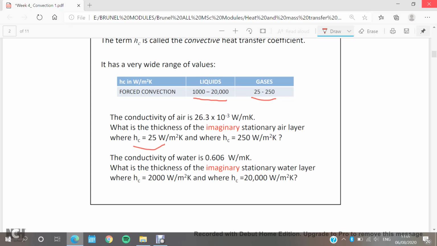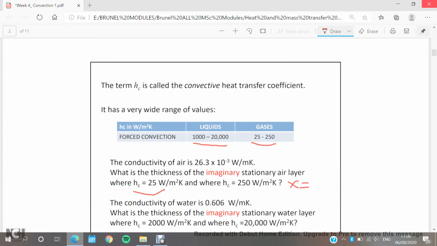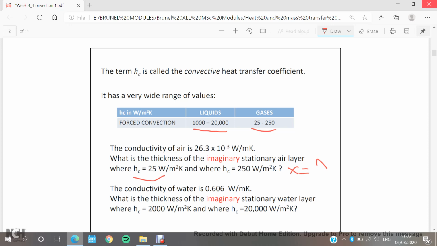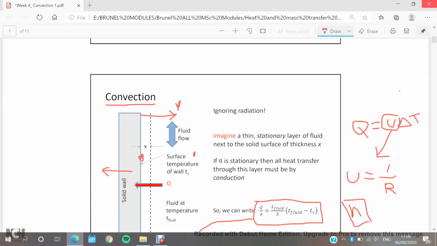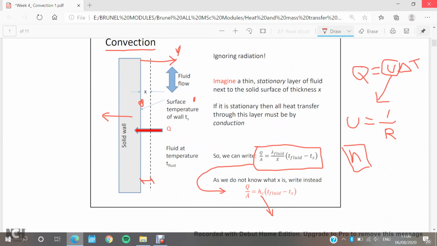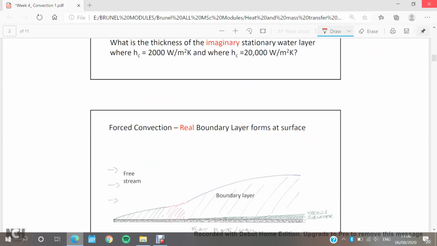So X is equal to lambda divided by H. This is the imaginary thickness of the stationary layer near the wall, if you want to calculate it.